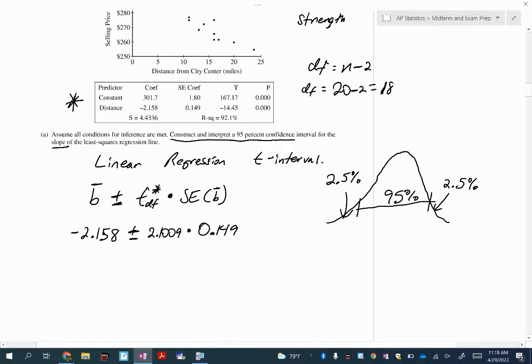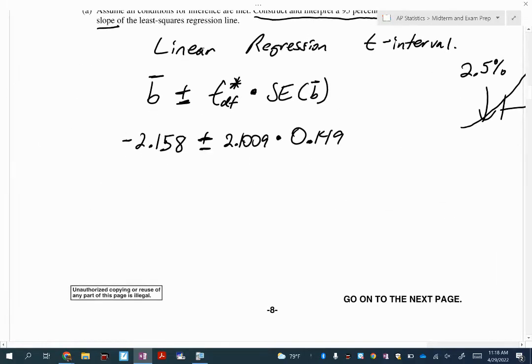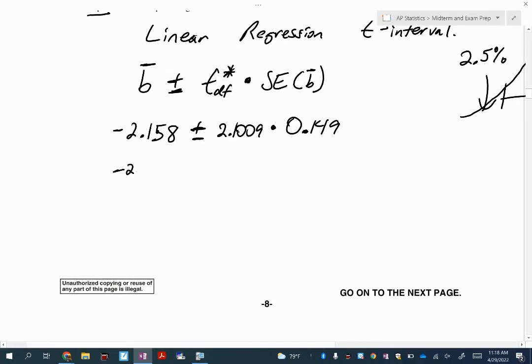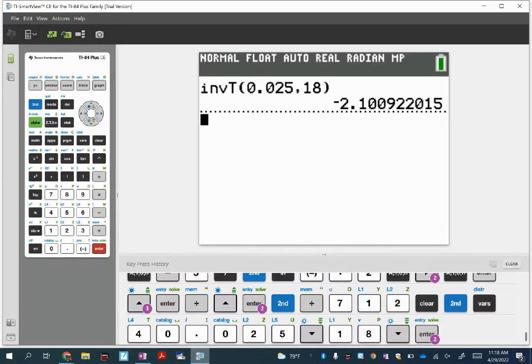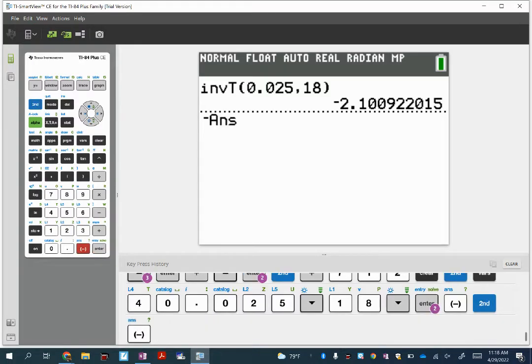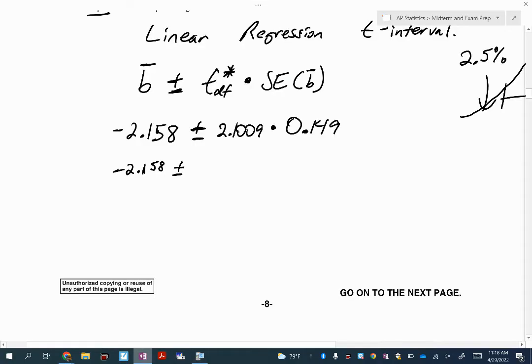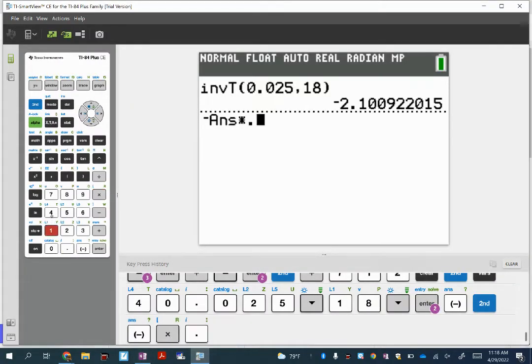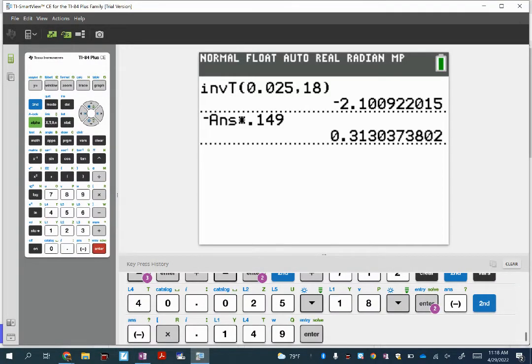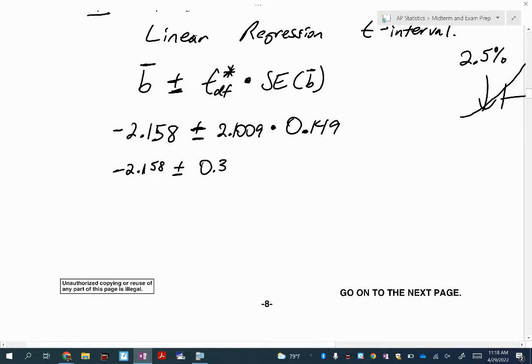All right, so now it's just doing some more typing to find the actual interval. First thing I'm going to do is multiply the critical value times the standard error, which is called the margin of error. So times 0.149. So that's my margin of error, 0.313.